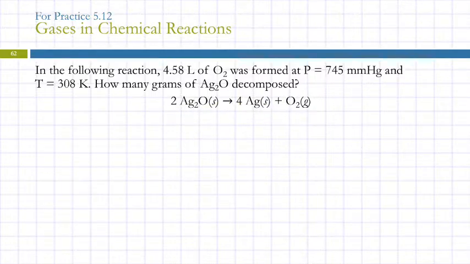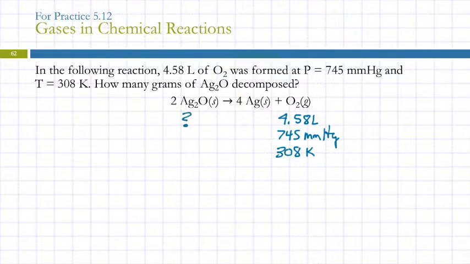So we'll use this balanced chemical equation to organize the information: 4.58 liters of oxygen, the pressure of the oxygen gas, and the temperature of the gas. And then the question has to do with the silver oxide, and they want to know how many grams.